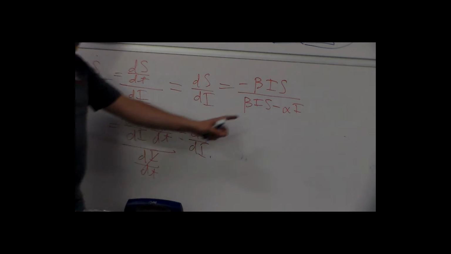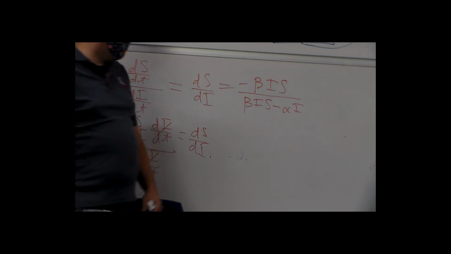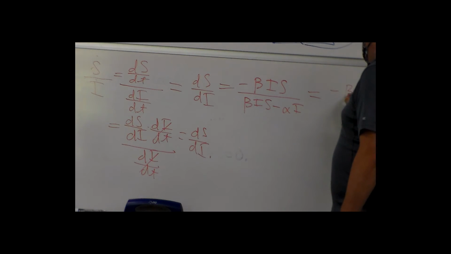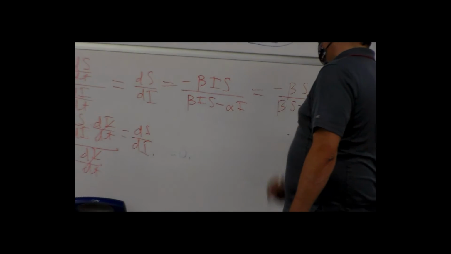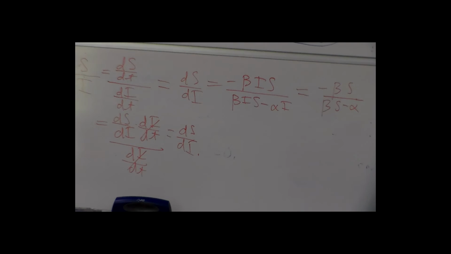Well, what can I do to this fraction? The I's cancel. Yeah, definitely the I's can drop, right? So I can rewrite this first as minus beta s divided by beta s minus alpha, right? Okay. Why is that helpful?